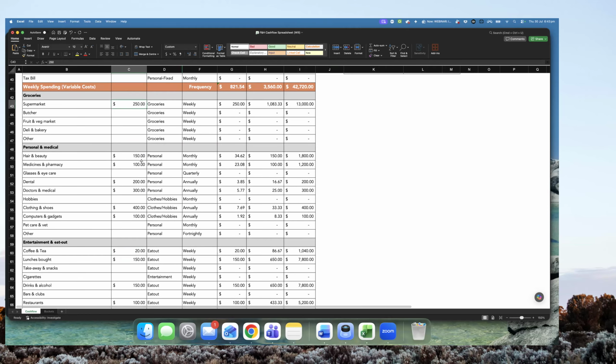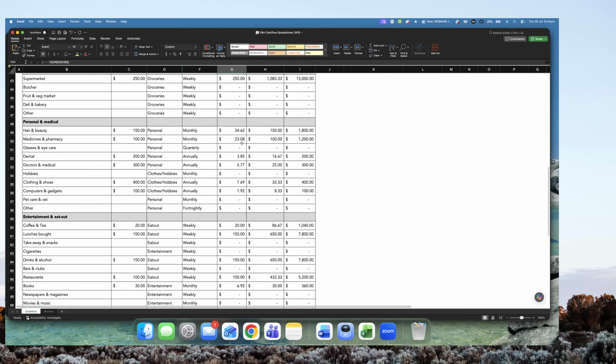If I look at all of these figures and the frequency, this is telling me that you're spending about $820 per week. Does that sound about right to you? That's probably realistic. At times I've tried to budget less, but I end up dipping into it a bit more, so that probably is the average realistic figure. Yeah, I'd say so.